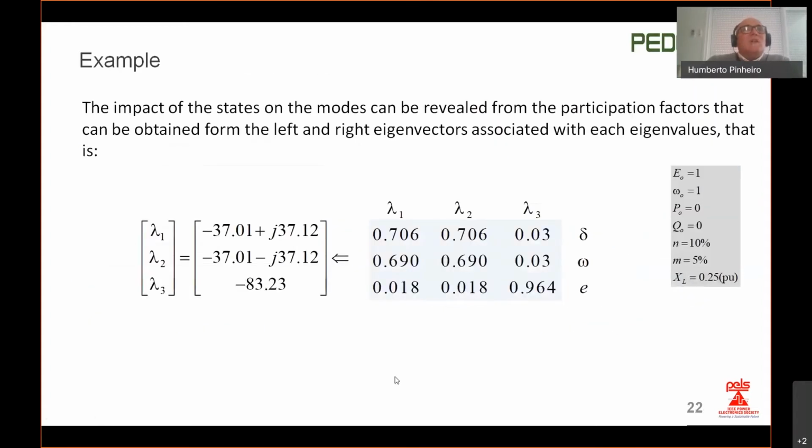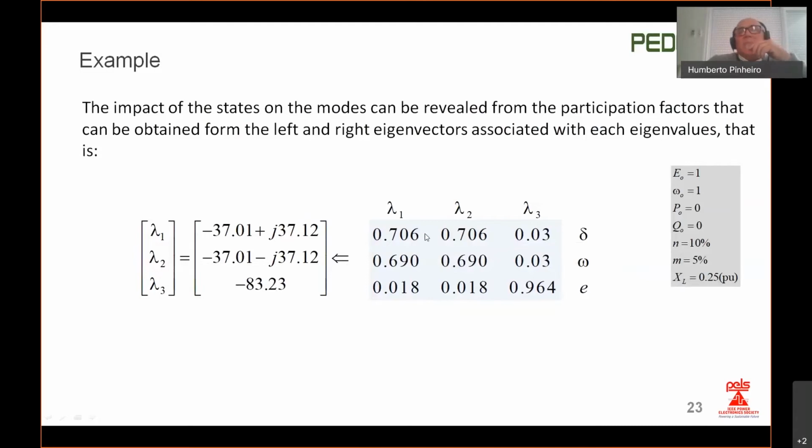So let's return to this qualitative behavior to see how the eigenvalues are associated with the states of the system. You could look at the eigenvectors, but they depend on the units and the scale. So we decided to use the participation factor.